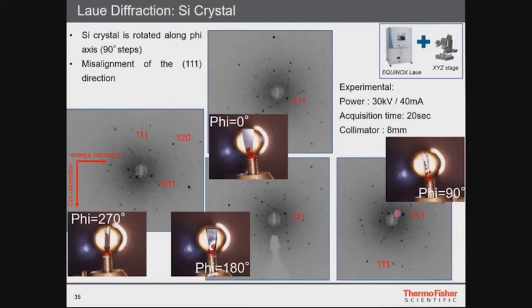In the 90 and 270-degree positions, you can see that other reflections, which are due to other planes, appear. So this means there is a misalignment. It's not perfectly aligned in the 111 direction of the silicon crystalline structure. You can see the acquisition time is 20 seconds. So this method is really quick.